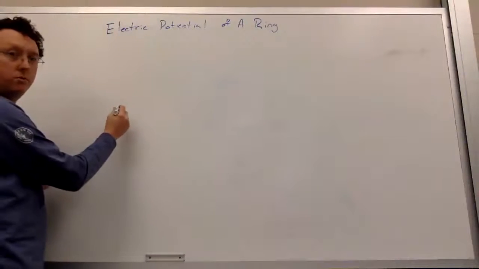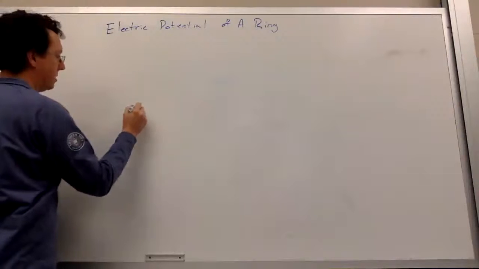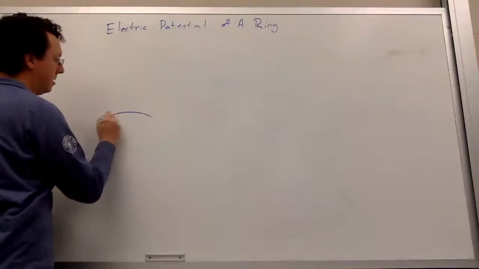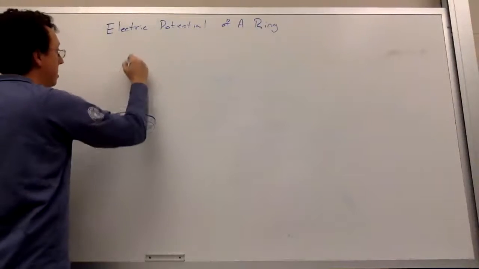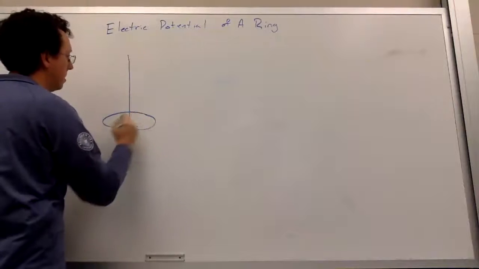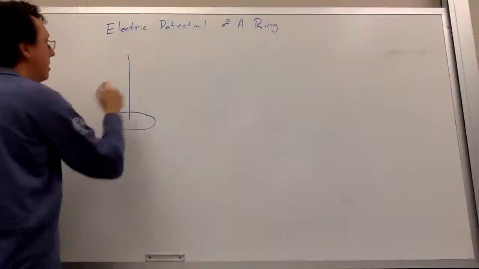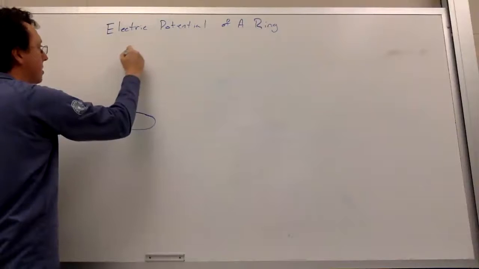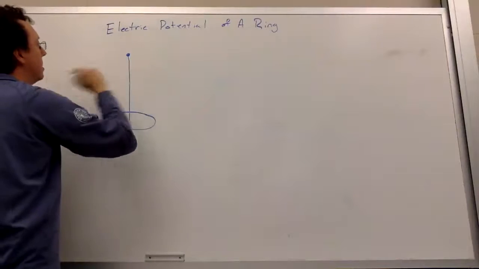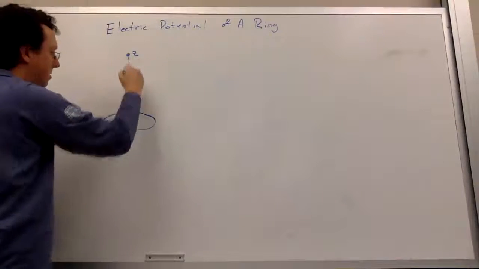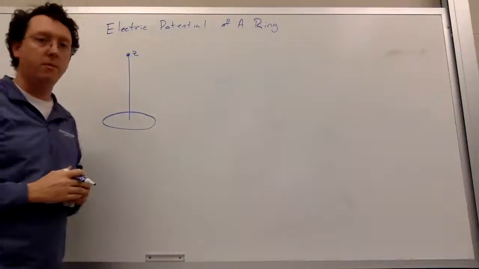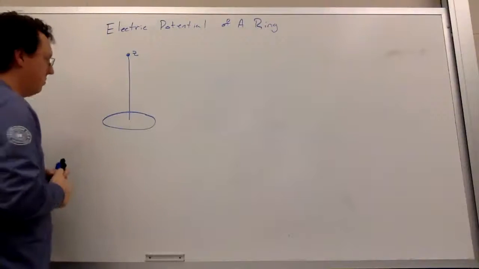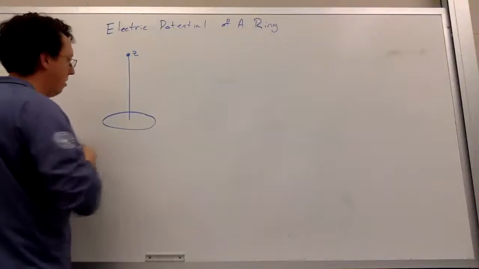Let's imagine we have a ring, and we're going to have a point up here at a distance Z along the center of the ring. And let's go ahead and let the ring have a radius R.